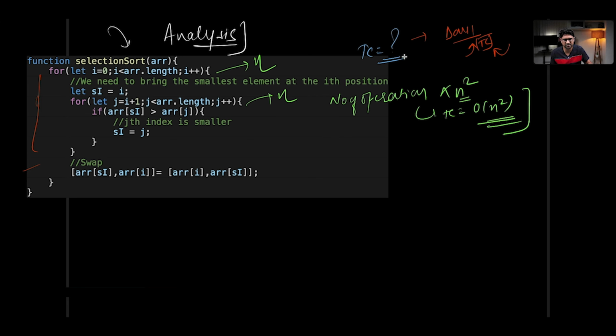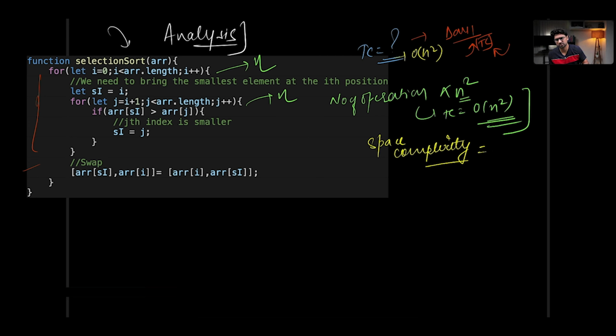So time complexity is order of n square. What will be the space complexity? What is the value of the space complexity? Space complexity is the calculation or estimation of that how much extra space is needed.